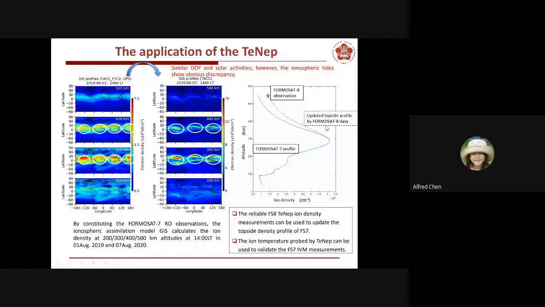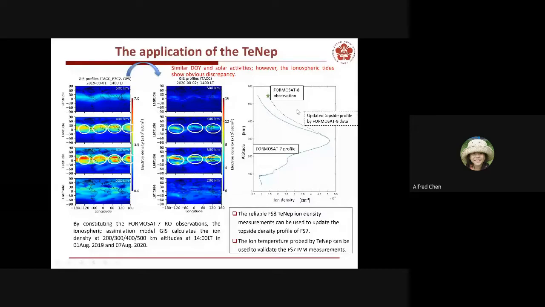In addition to that, now the Formosa 7 can use radio occultation to get the electron density profiles. But with this kind of occultation, they use inversion to calculate these profiles.